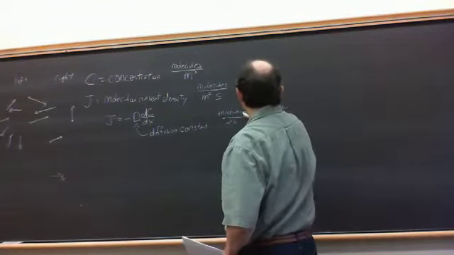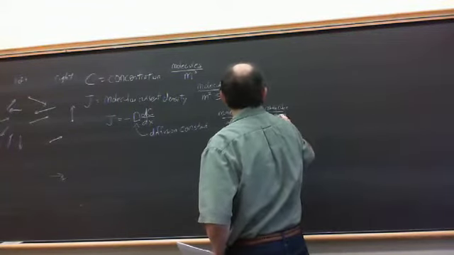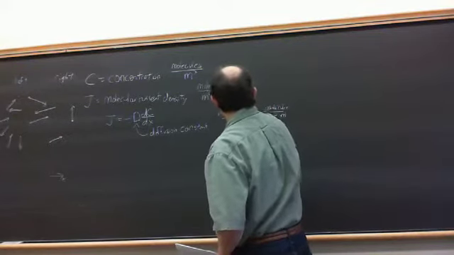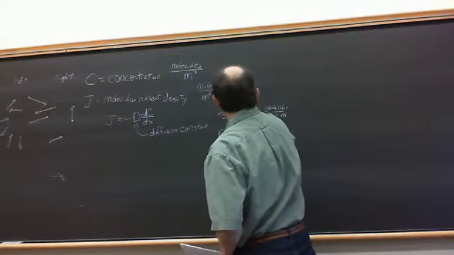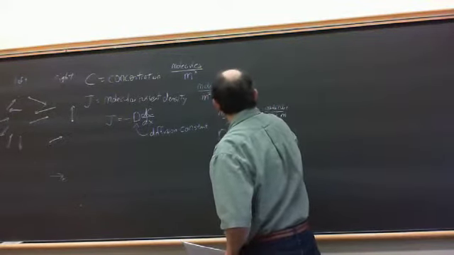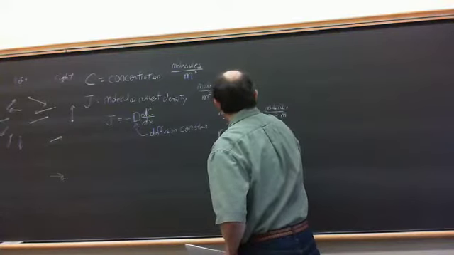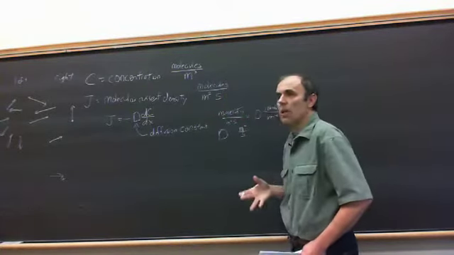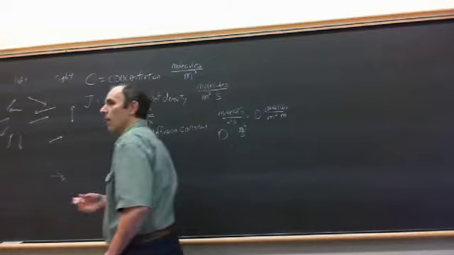And so you can work out that the molecules cancel. This will be meters to the fourth, which will come over here. D is going to end up being meters to the fourth over meters squared. That's meters squared per second. Those are the units for the diffusion constant.